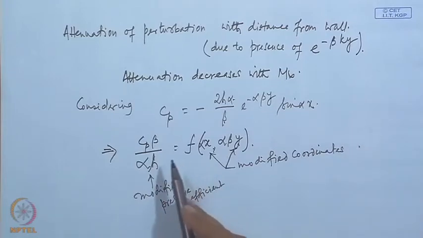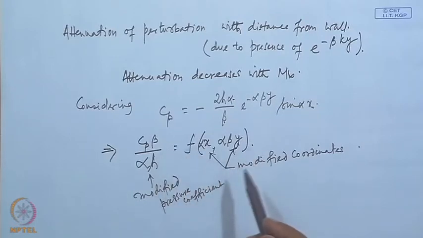So, you see that it is possible to express a modified pressure in the form of some modified coordinates, so that instead of 6 parameters we now have 3 parameters.